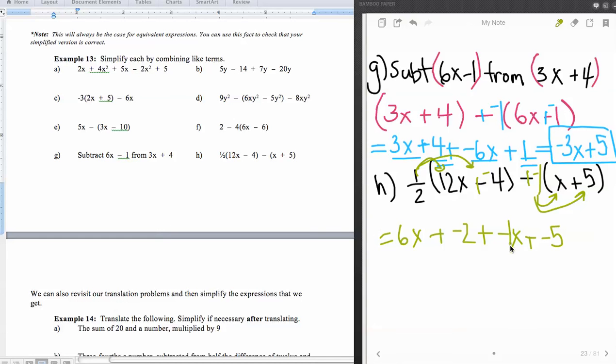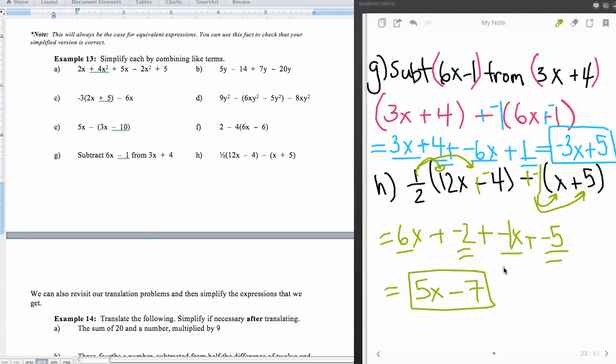Now if you're not comfortable with just writing a negative x, write in a negative 1. And then combining like terms here and here, and here and here, to give us our final answer. 6 minus 1 is 5 x's, negative 2 and negative 5 gives us negative 7, which we can write as subtraction. And there we go.